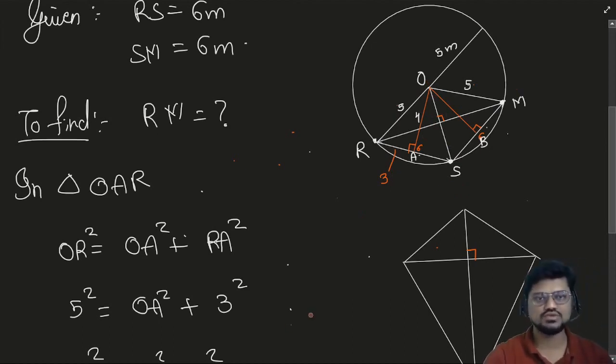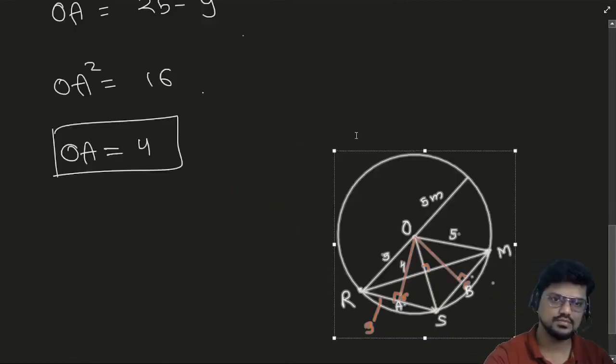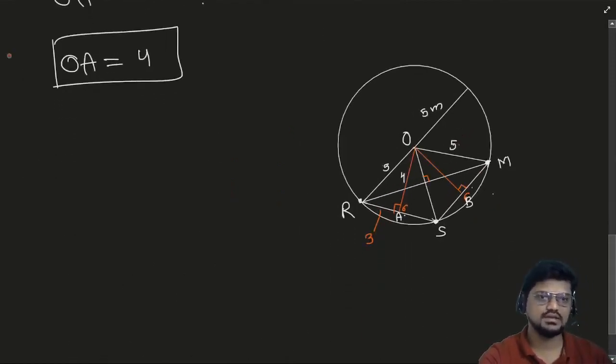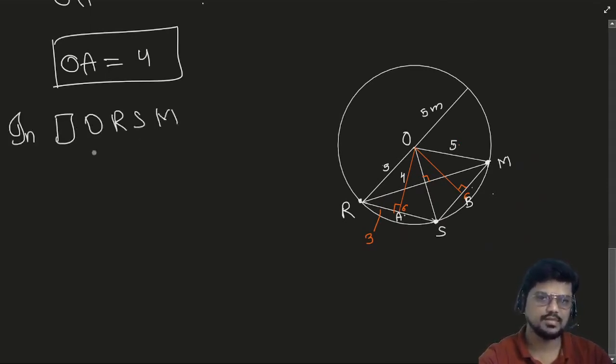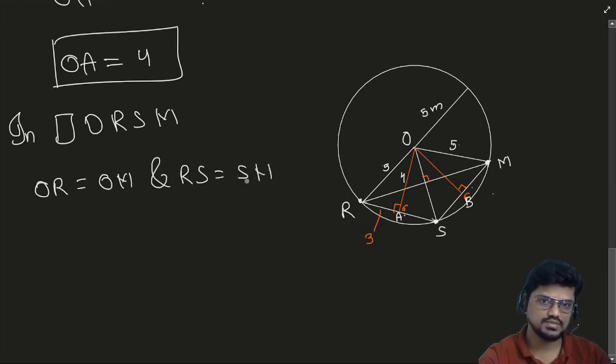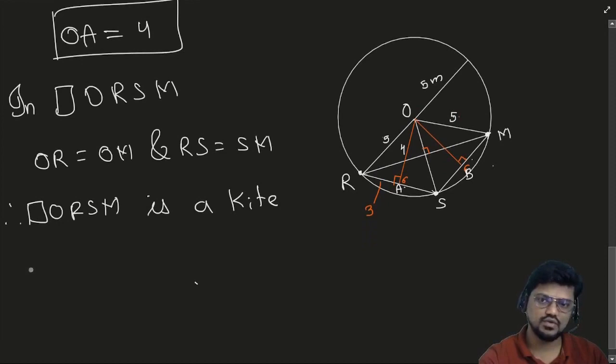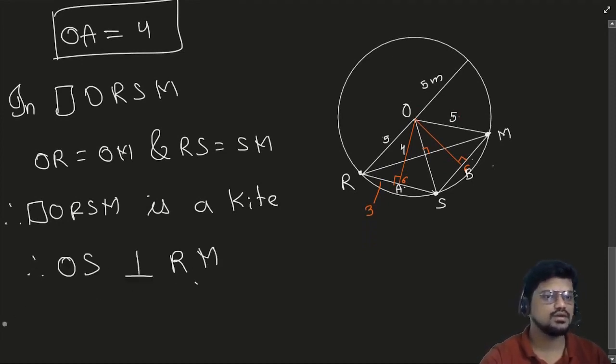So I will also write that property over here first. In quadrilateral ORSM, I know that OR is equal to OM and RS is equal to SM. Therefore quadrilateral ORSM is a kite. Since it's a kite, therefore OS is perpendicular to RM. Fine.